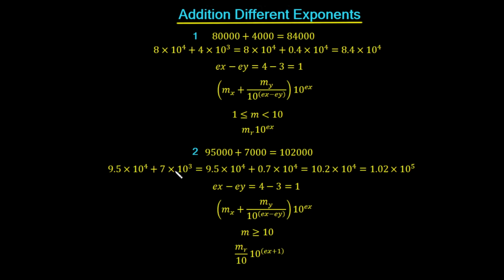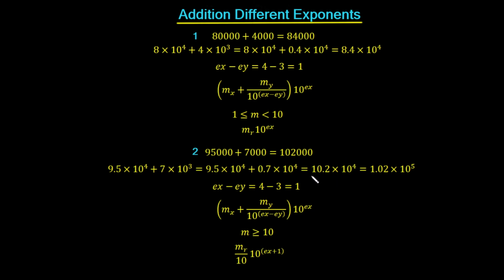So this 7 times 10 to the 3 is going to become 10 to the 4, and the 7 will have to be a value of 0.7. So we're doing the same process as we did above. Whenever we add both of these together, we're going to have 10.2 times 10 to the 4.